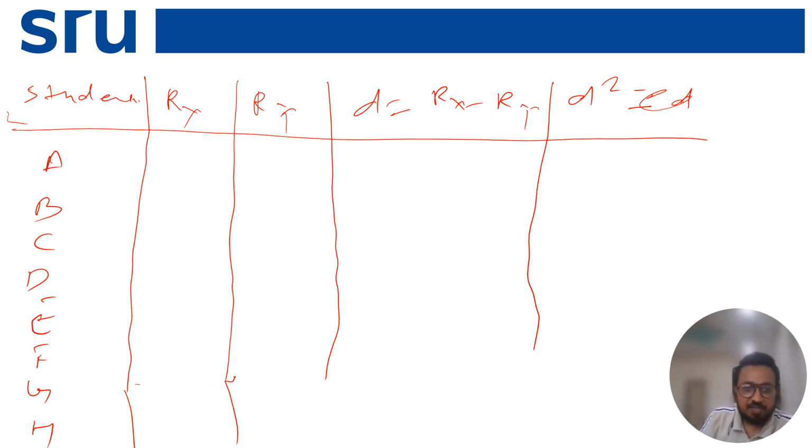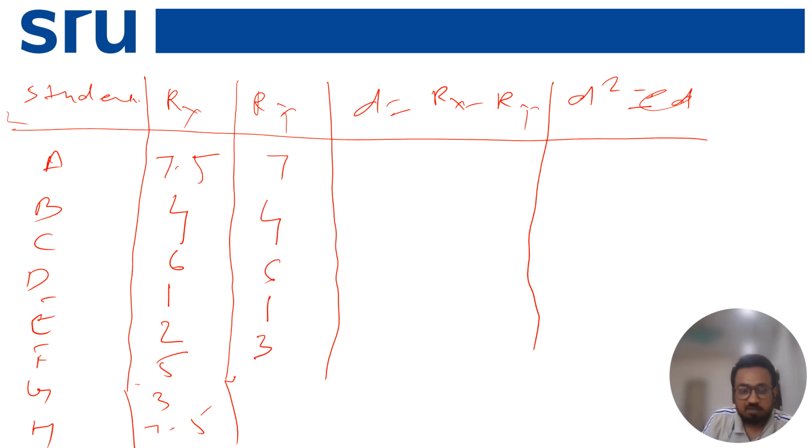So for student A, we have found that the rank corresponding to data X is 7.5, student B 4, this is 6, this is 1, this is 2, this is 5, this is 3, and this is also 7.5. And Ry is 7, 4, 6, 1, 3, 5, 2, 8.